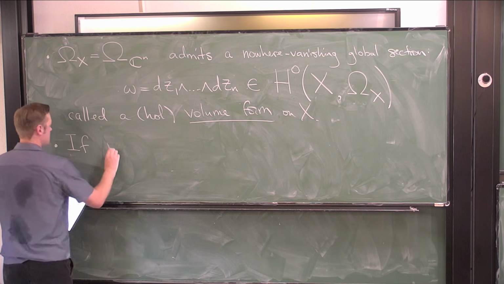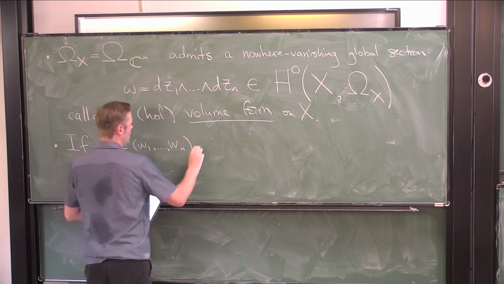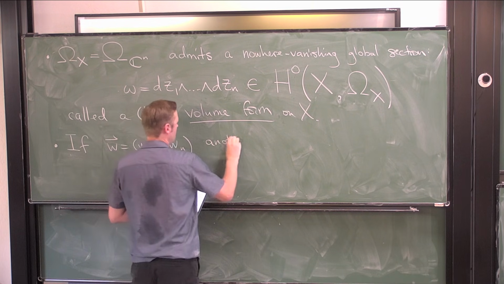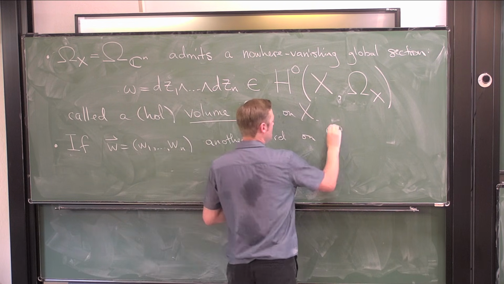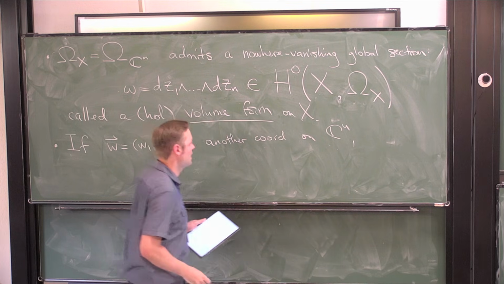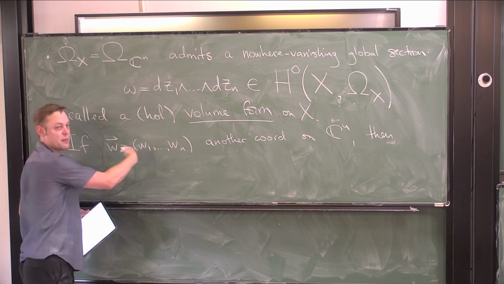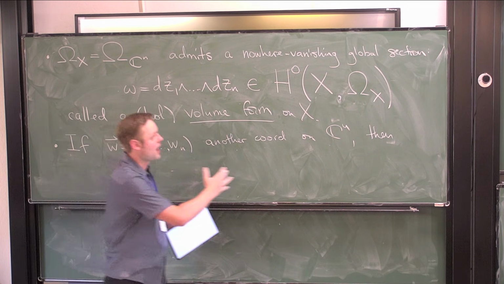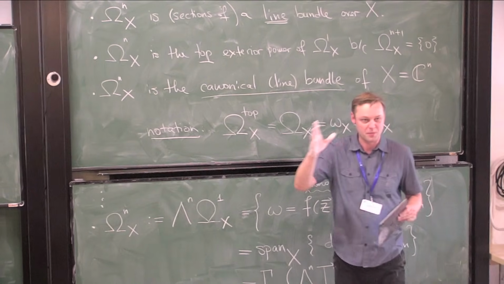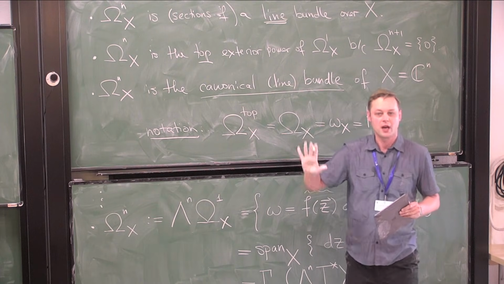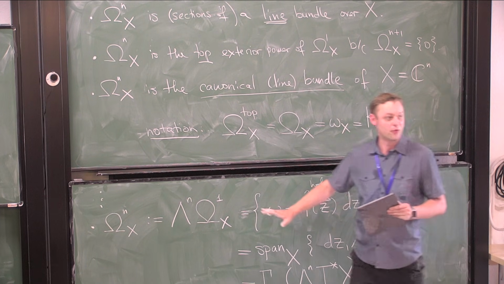Suppose I have w, another coordinate on C to the n. Then I have C to the n with some other coordinate w. I can repeat literally everything I said by replacing z with w everywhere, and the story would just go through word for word.